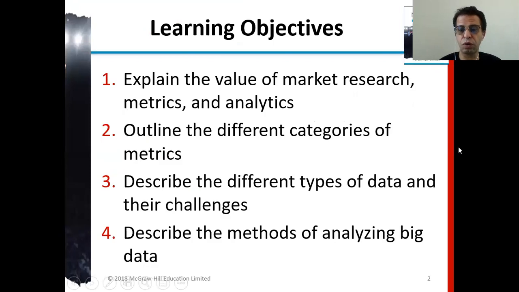Here, what we are looking to learn is how we can explain the value of market research, metrics, and analytics. We outline the different categories of metrics. We can describe the different types of data and their primary challenges, like primary data, secondary data, and all these things.